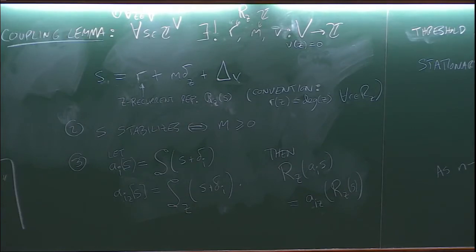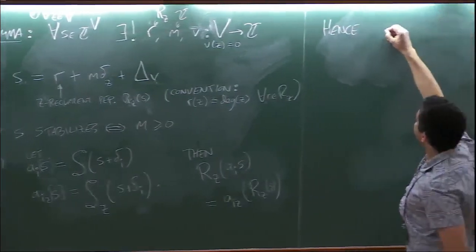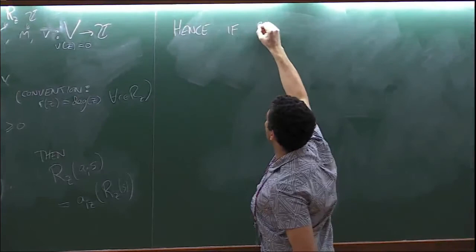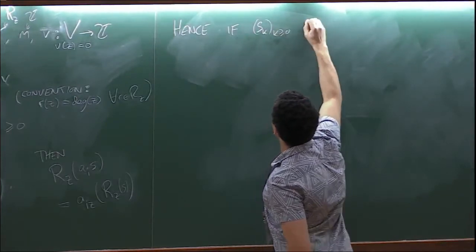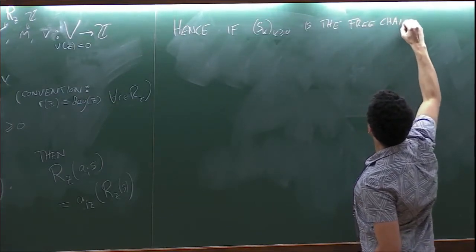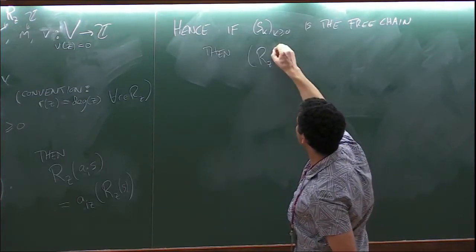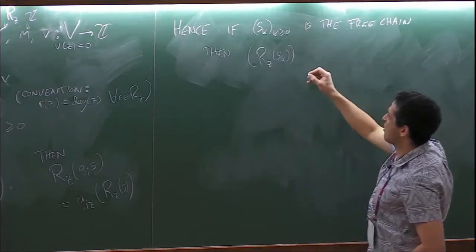So in particular, hence, if S_k is running the free chain, then R_Z of S_k is a function of a Markov chain.